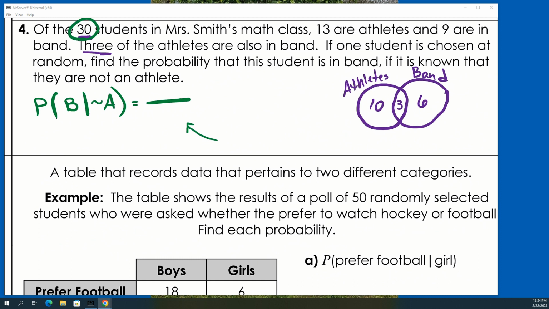Or what would you do to figure out how many are not athletes? Subtract. You're going to do 30 minus 13. So that's 17 non-athletes.